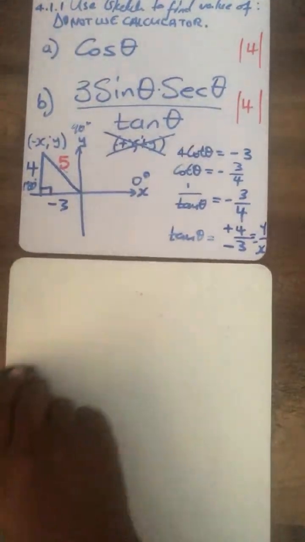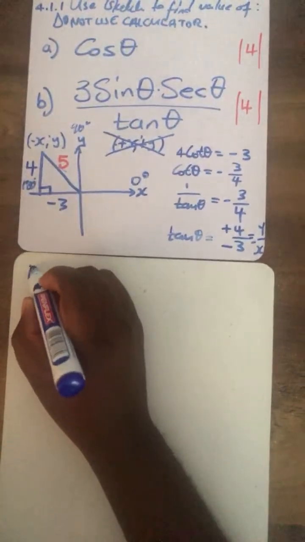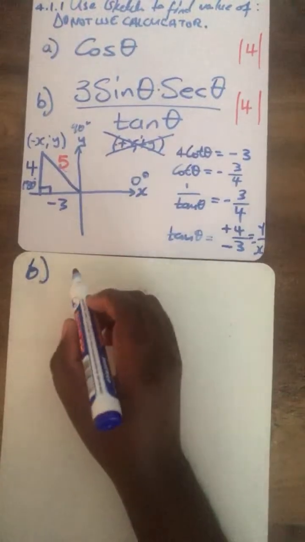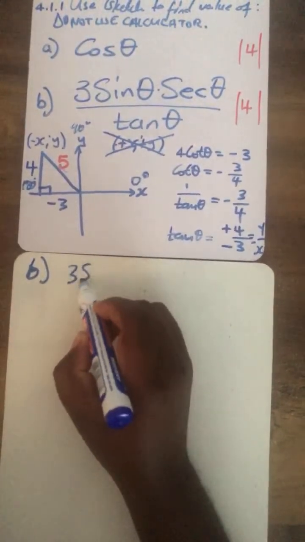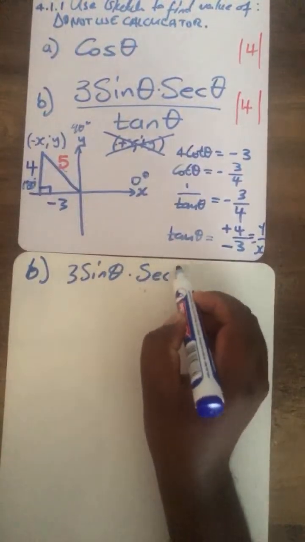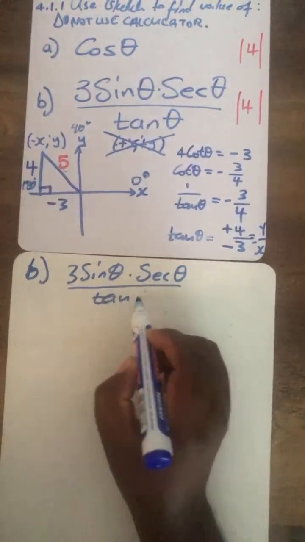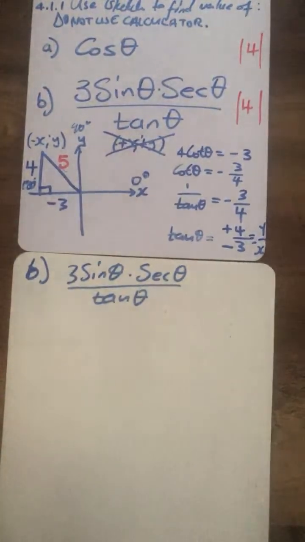So now let's work out B. For B, they want you to work out 3 sine of an angle, multiplied by sec of an angle, the whole of that divided by tan of an angle.